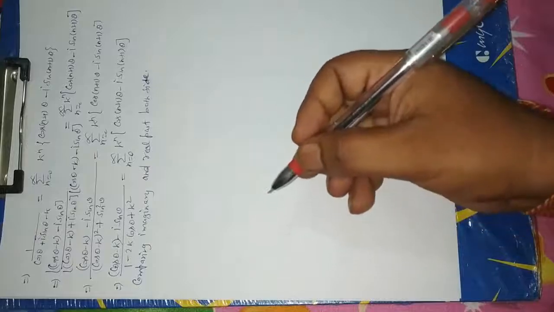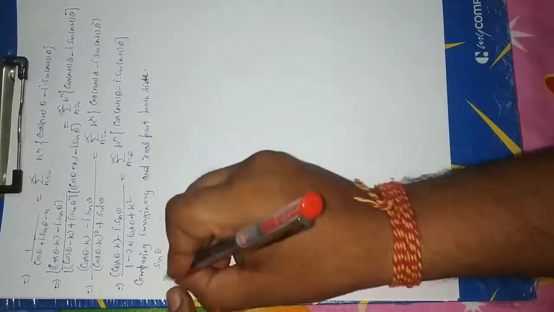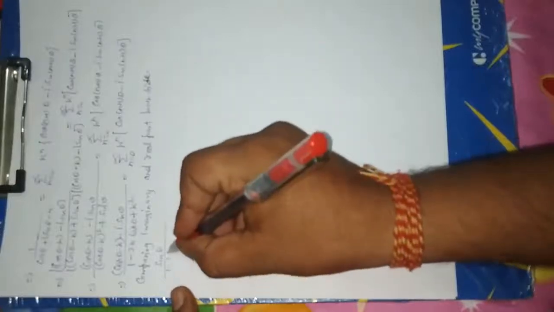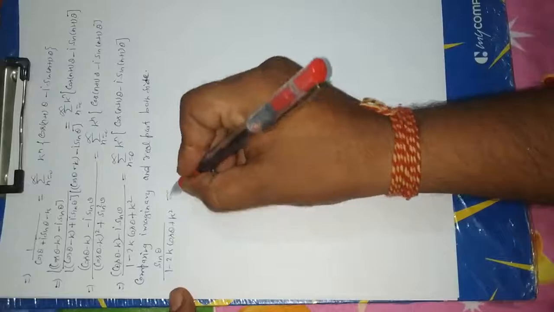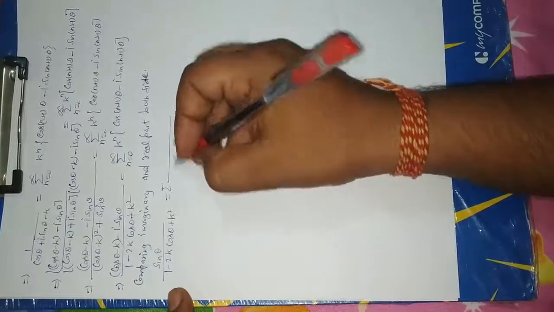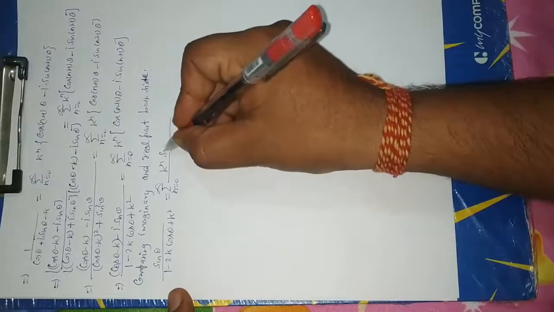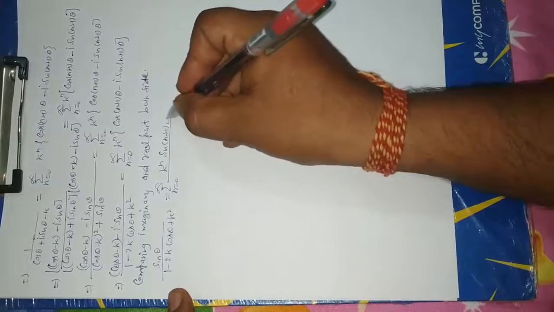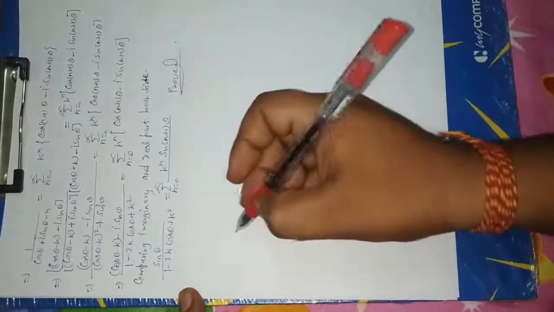Now taking the imaginary term, sin theta upon 1 minus 2k cos theta plus k square is equal to summation n equal to 0 to infinity k to the power n sin (n plus 1) theta. Proved, first part of the question.